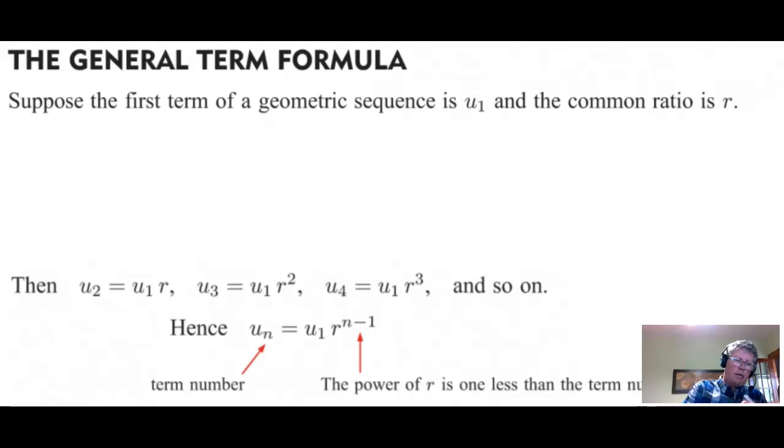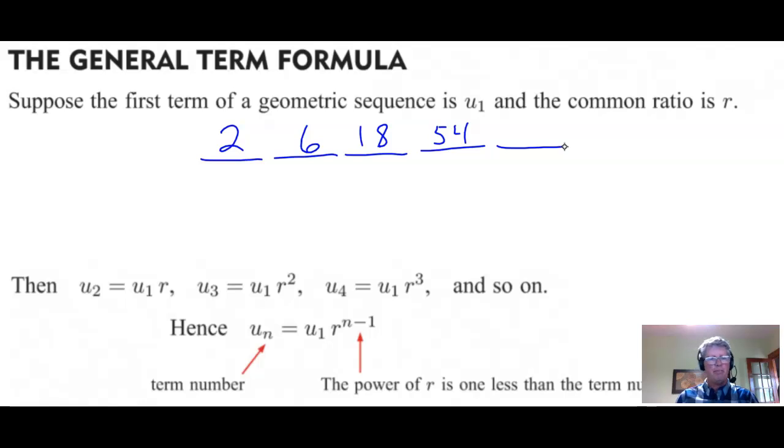All right, general term formula. Well, let's take our 2, our 6, our 18, our 54. Let's stop there because I don't want to multiply anymore. So that is a geometric. I'm looking at it, I see 3. Let's talk about this. If I went from here to here, I multiply by 3.